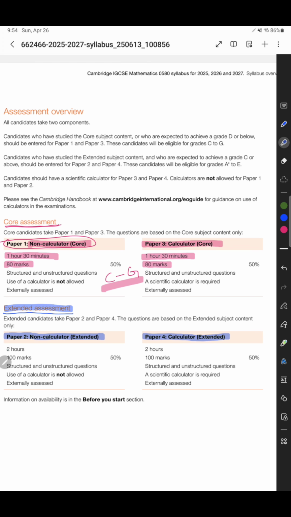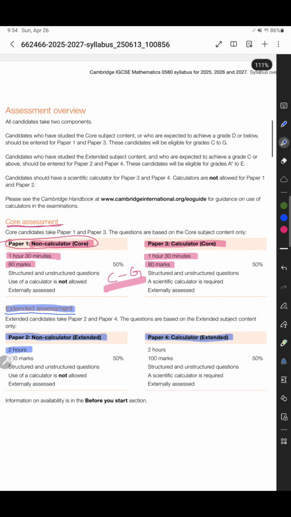You get 2 hours for the examination, which is a 100 marks paper. Paper 4 is a calculator component, also 2 hours and worth 100 marks. Just like the core tier, these two papers are weighted at 50% each.